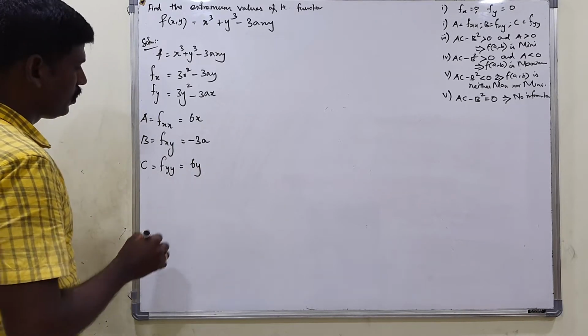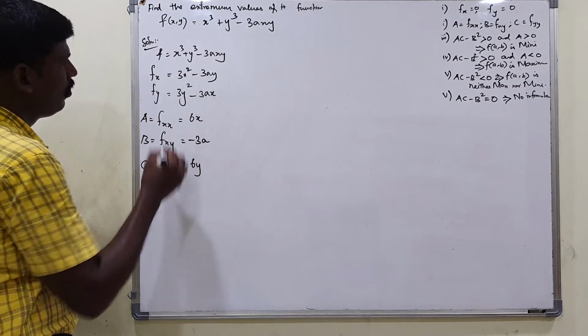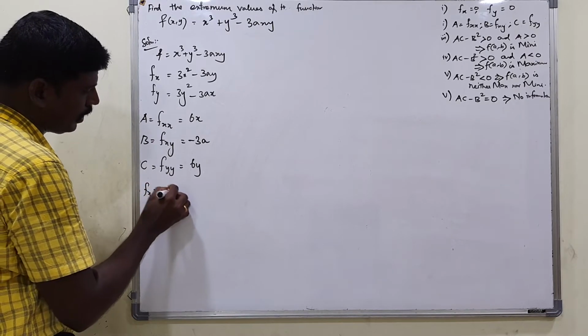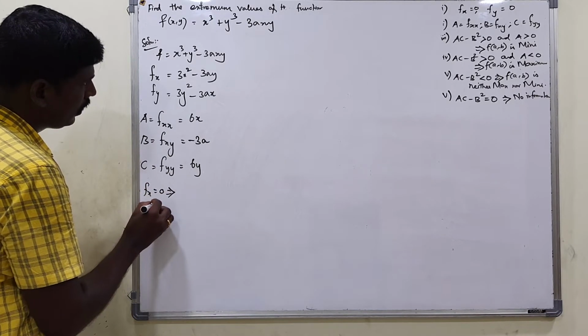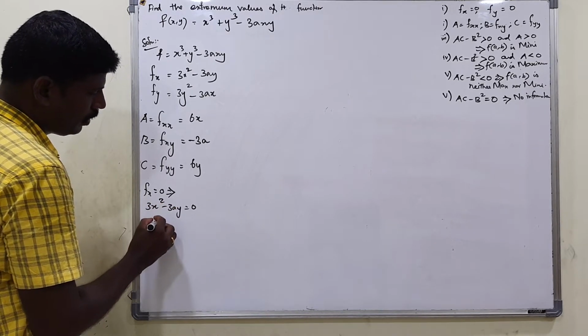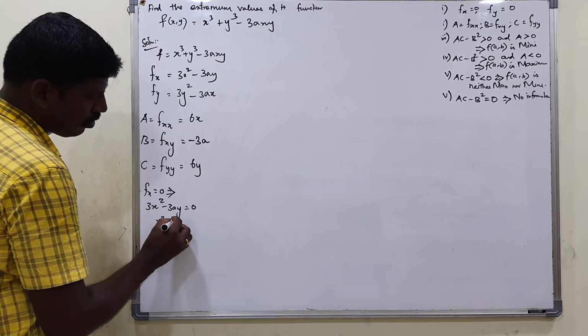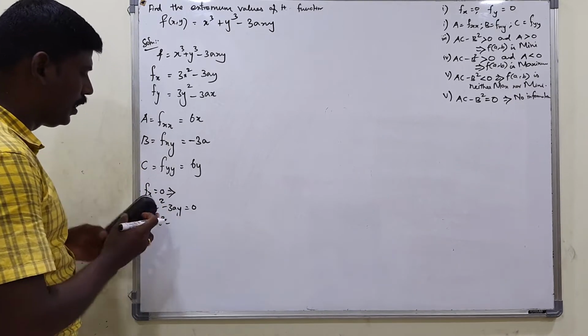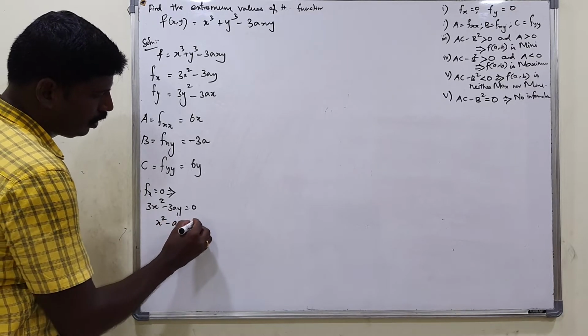Right? So now go for equating fx equals 0. Fx equals 0 implies what you will get? 3x square minus 3ay equal to 0. So divide it by 3. X square minus ay equal to 0.